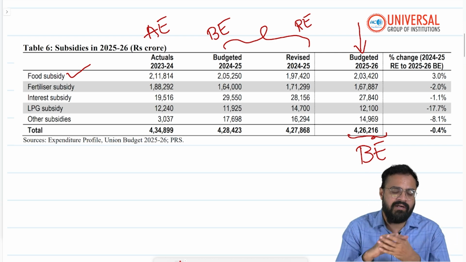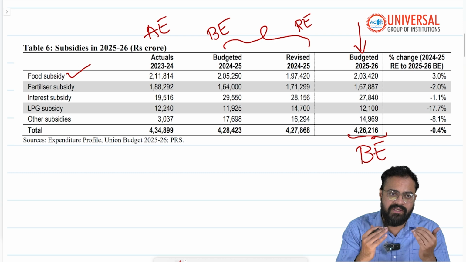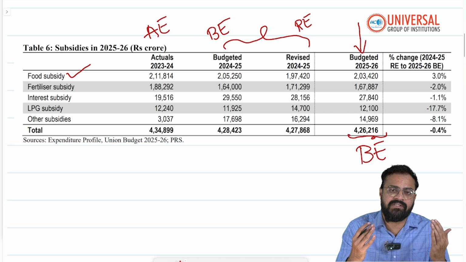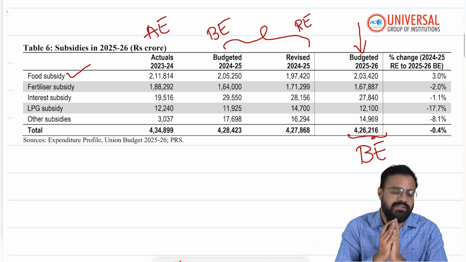Right after COVID-19, the government came up with the Pradhan Mantri Garib Kalyan Anna Yojana. Under NFSA, we were distributing rice, wheat and other coarse cereals at a subsidized price, that is 3 rupees per kg, 2 rupees per kg and 1 rupee per kg.